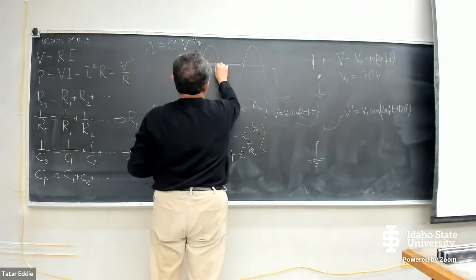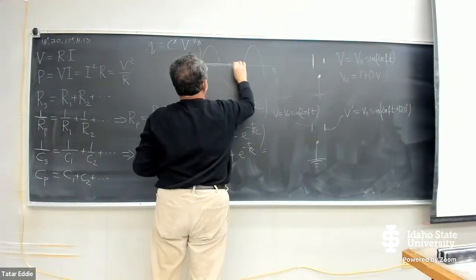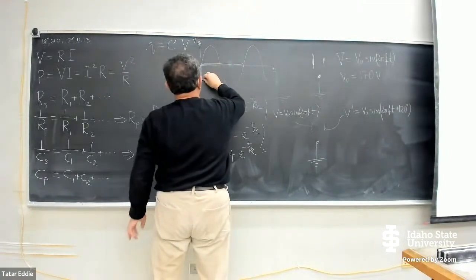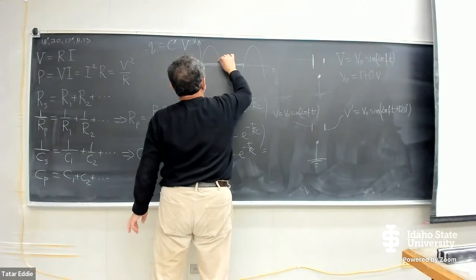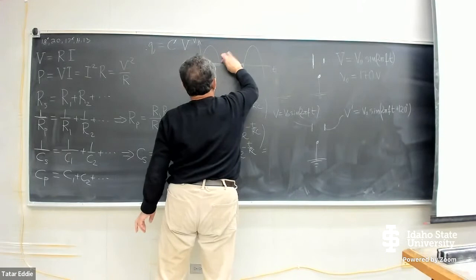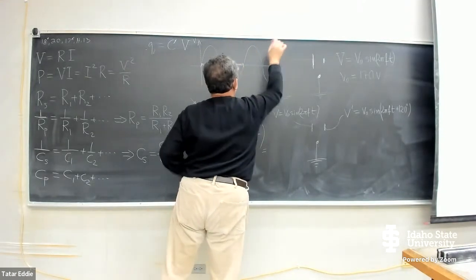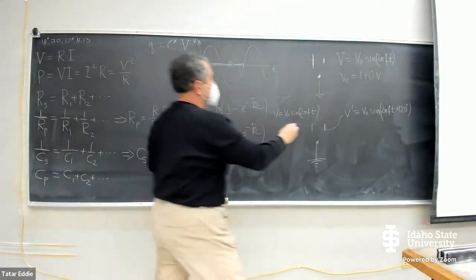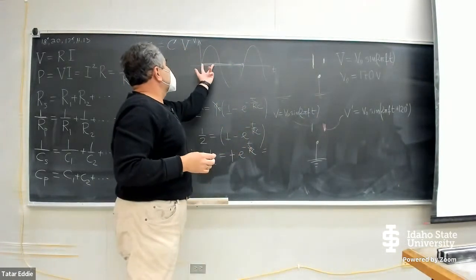So 1/3 is about here, maybe here, like this. And therefore, the second voltage looks like, well, like this. I cannot make it exactly accurately, but you can imagine how it works. The red is shifted by 1/3 of a cycle.